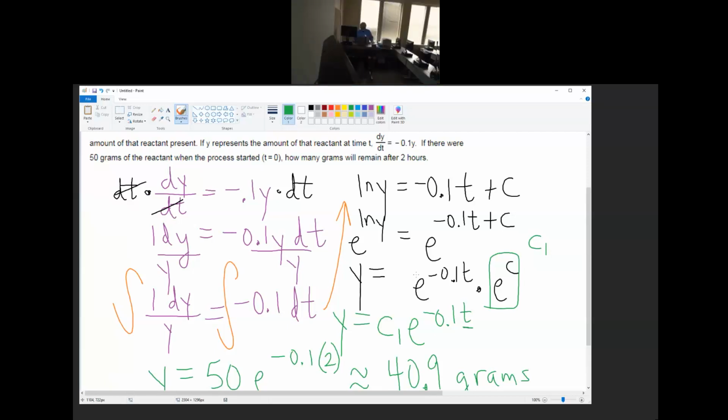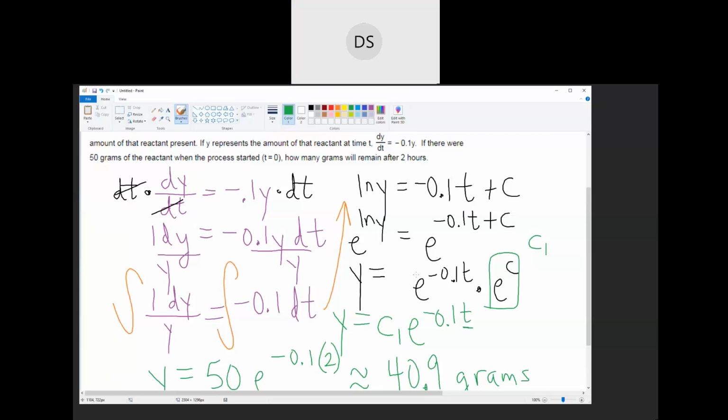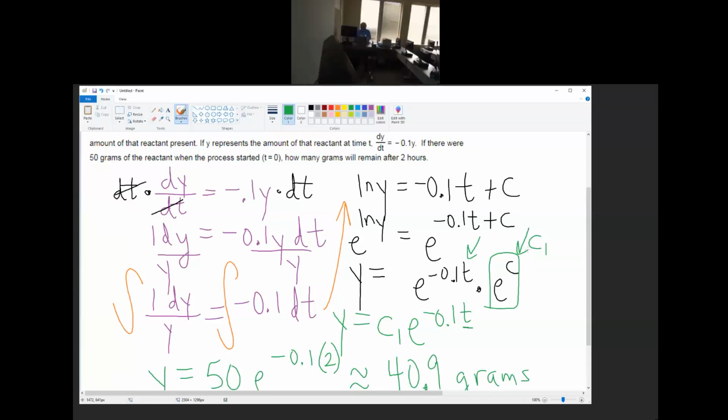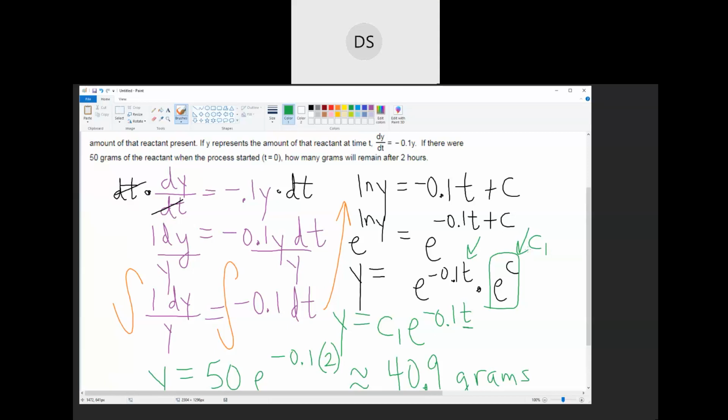You would actually have an extra letter, because at that point you don't know what C is just yet. Okay. Like right here, yeah, you could plug in 2. And I suppose you could plug in 50 right there. Yeah, that's what I was thinking. Could you just plug in the numbers at that point?